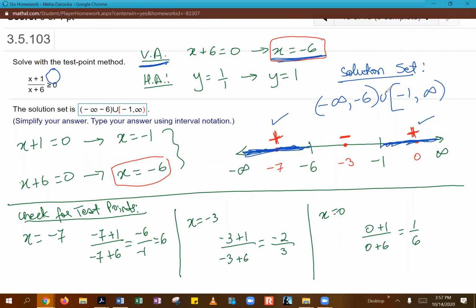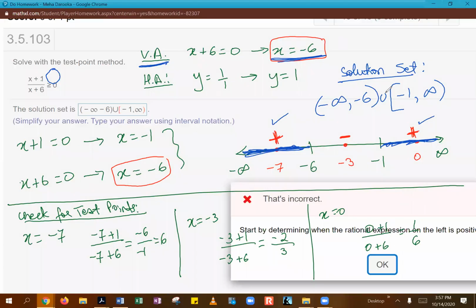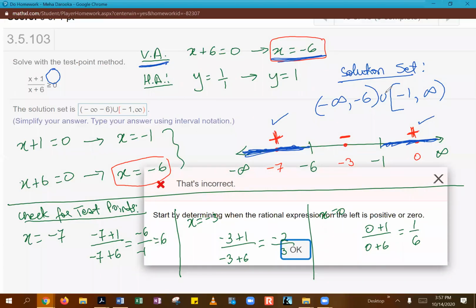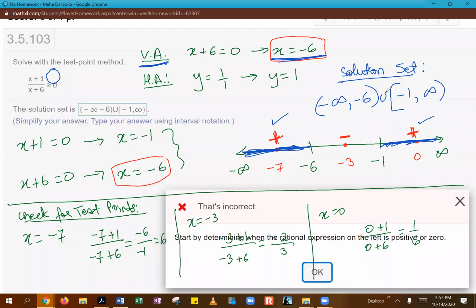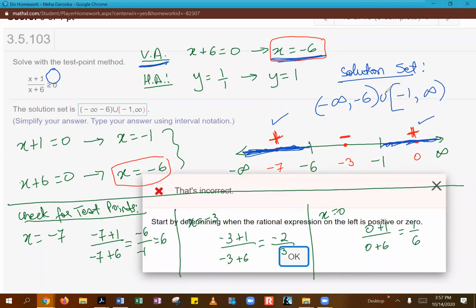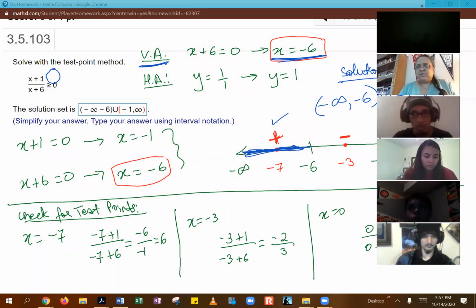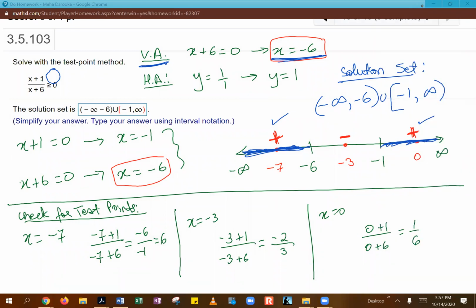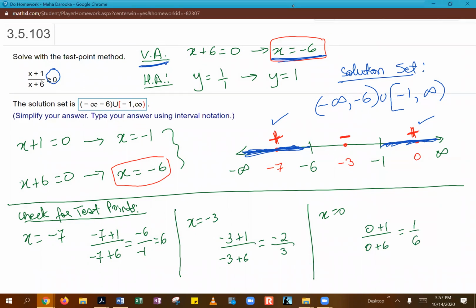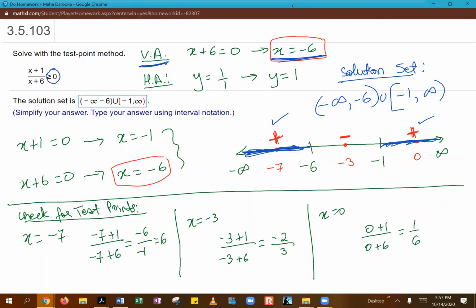Okay, so let's check this guy. Okay, so this is saying, start by determining when the rational expression on the left is positive or 0. So what do you think we need to change here? Where is our function greater than or equal to 0?